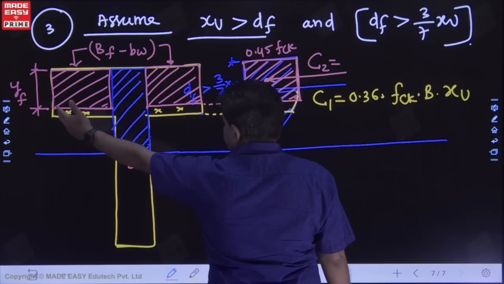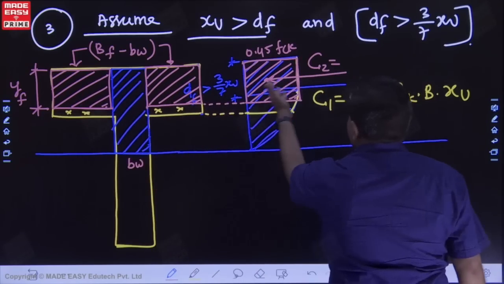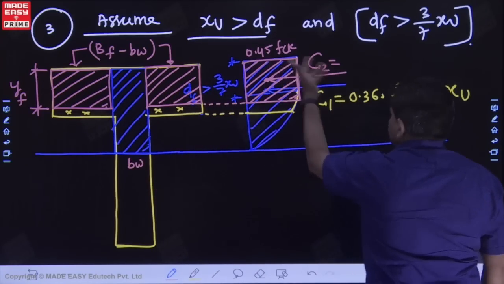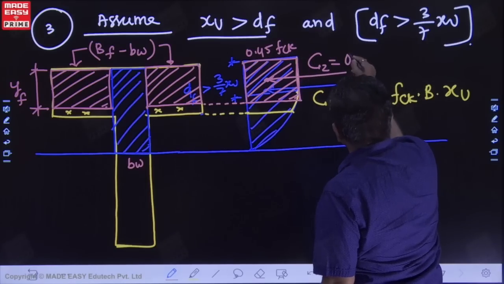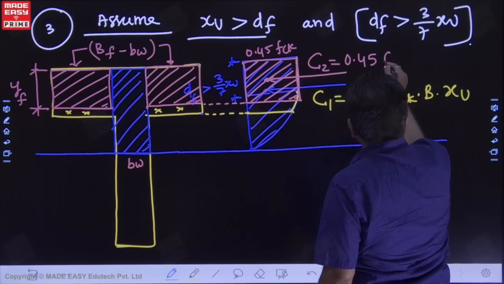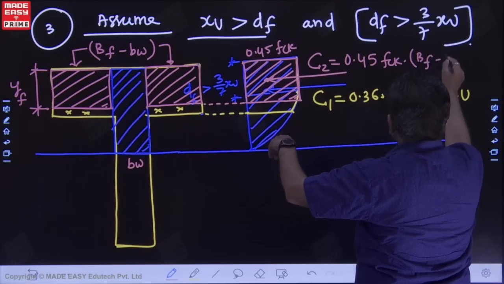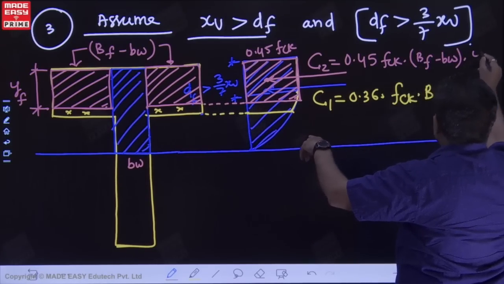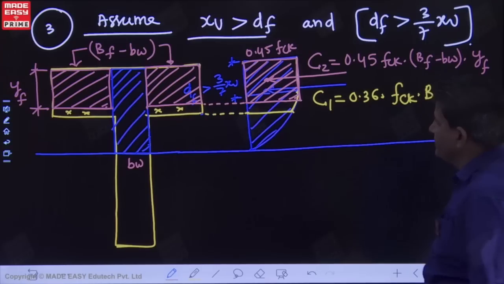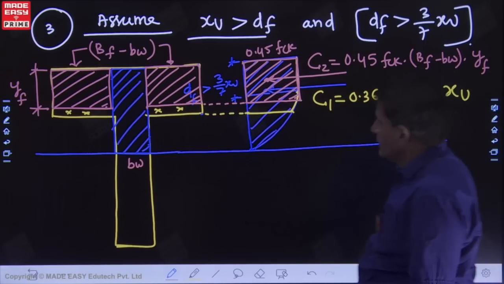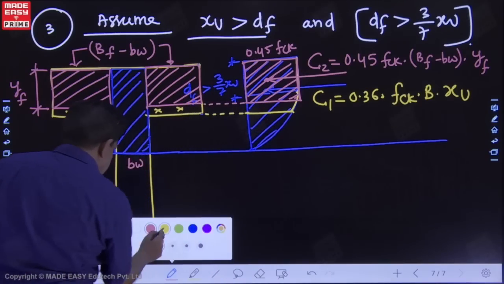So instead of DF, now you are using YF, for which the stress diagram is constant, and your formula will become 0.45 into FCK into BF minus BW, and into YF in place of DF. That's all.